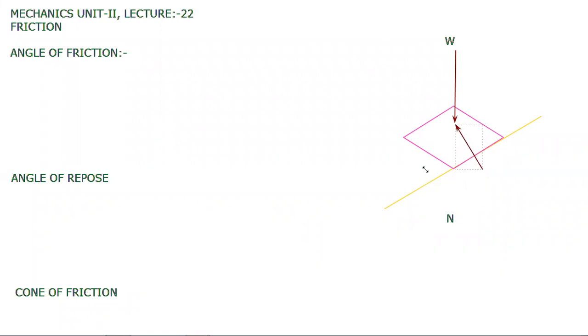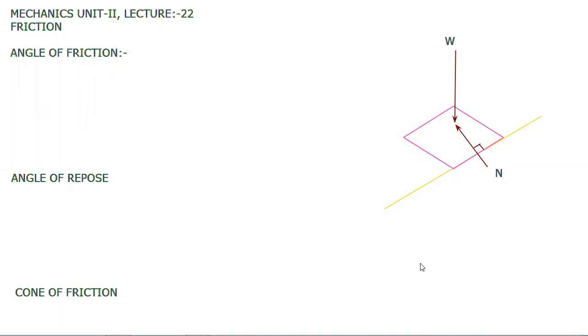So N will be making a 90-degree angle with the surface in contact. This angle is 90. So N will be like this here.